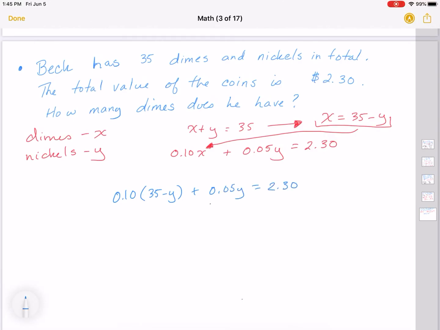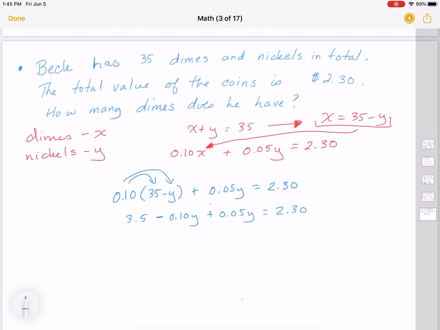equals 2.30. I'm going to distribute that 0.10. So I get 3.5 minus 0.1Y plus 0.05Y equals 2.30.